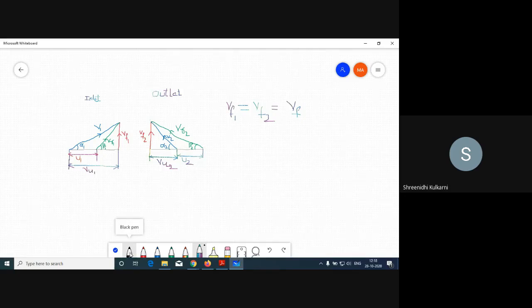Okay, next I will take red only. First, I am going to complete the inlet velocity triangle.